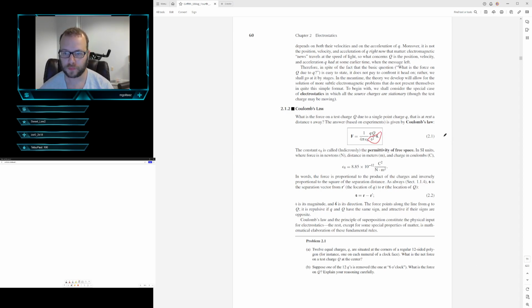So it is simply going, here's r, here's force, we've got this kind of slopey curve here. So that's Coulomb's law.